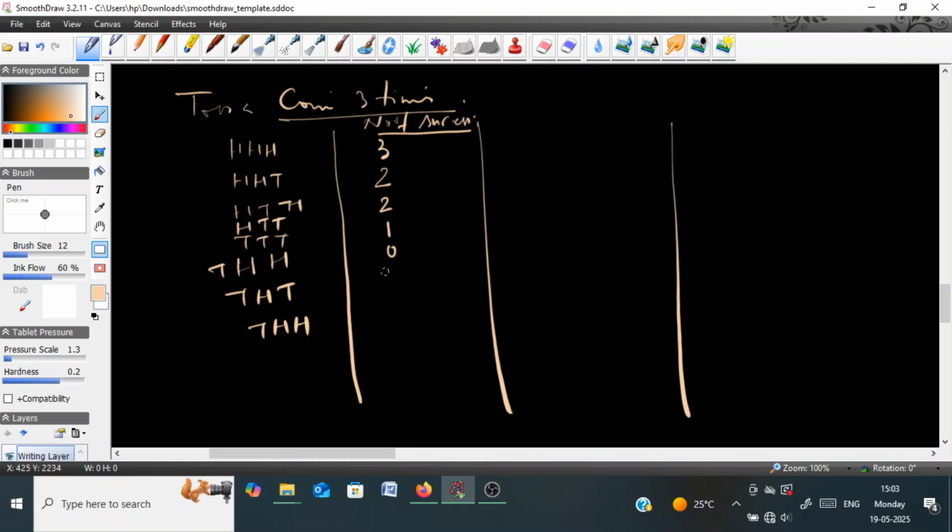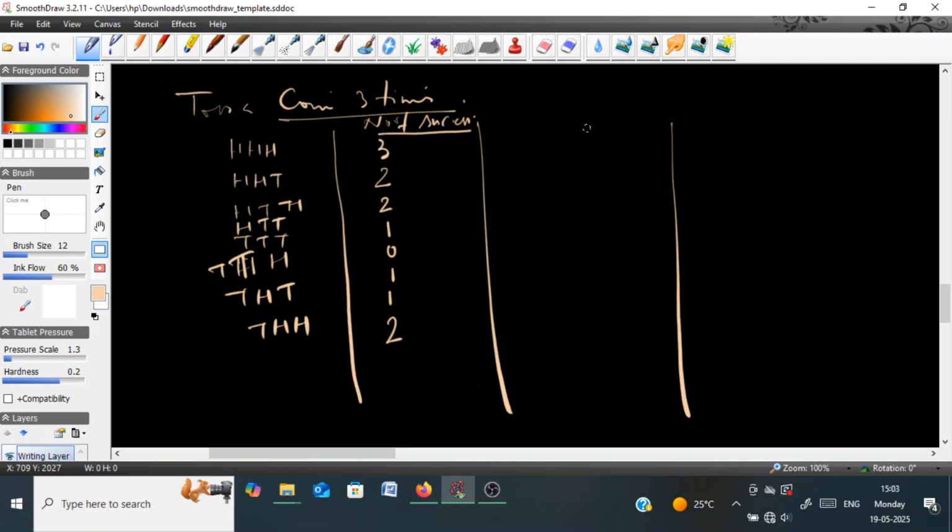Then we have again tail, tail, head, tail, tail, and head 1. Then tail, head, tail 1, and tail, head, head we have 2.